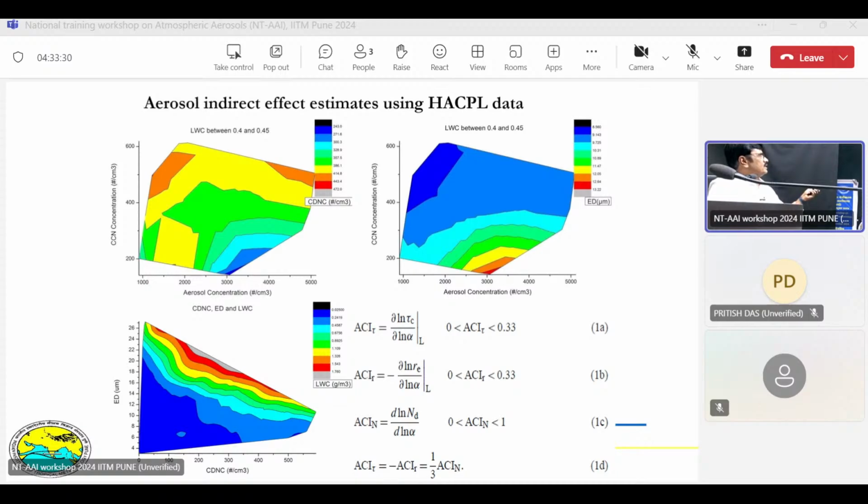Whereas the CCN concentration and droplet number concentration can get enhanced, through which you can estimate aerosol cloud interaction observationally. You can even utilize satellite data. For aerosols, you can use aerosol optical depth. For cloud, you can use cloud droplet number or cloud drop effective radius, and you can estimate. But you have to group the clouds having similar liquid water content.